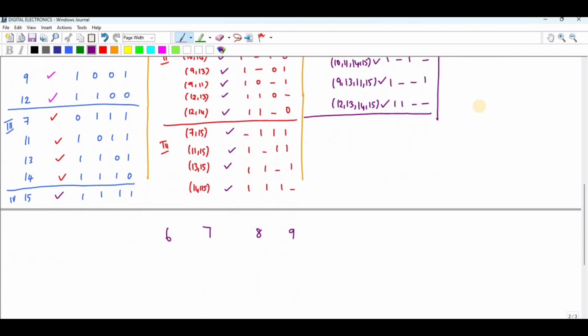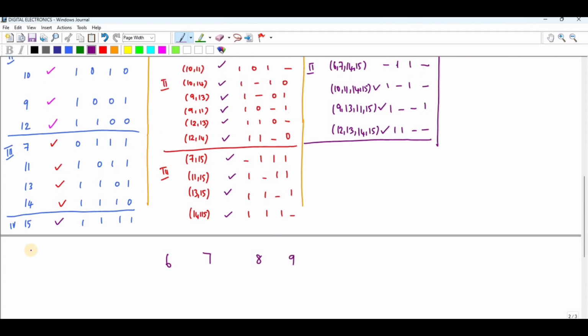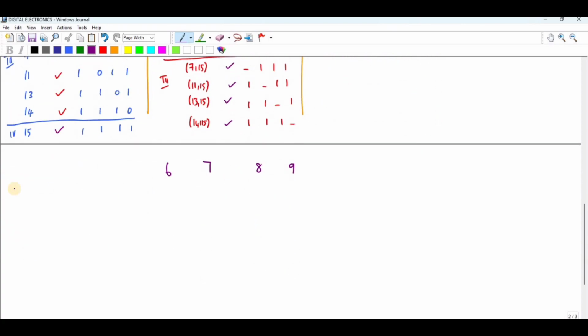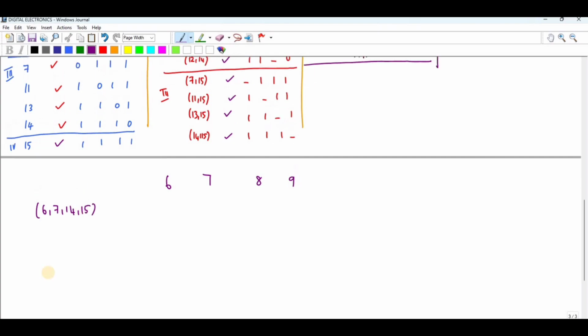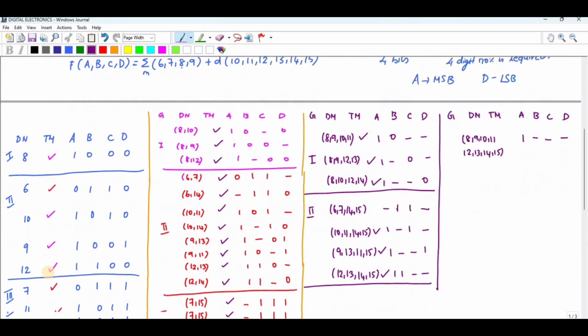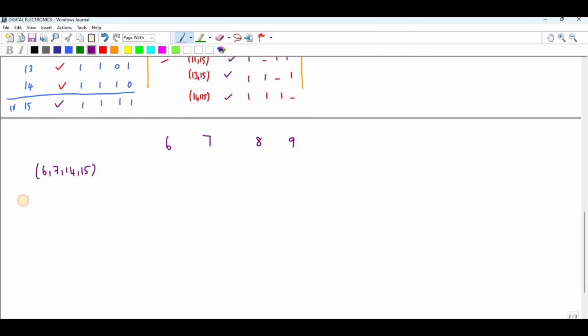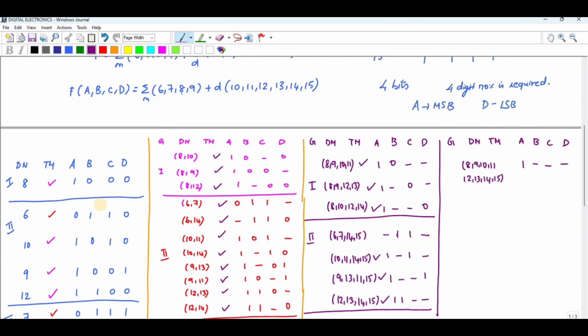Okay, what is the value? 6, 7, 14, 15. Likewise you have to write 8, 9, 10, 11, 12, 13, 14, 15, right?